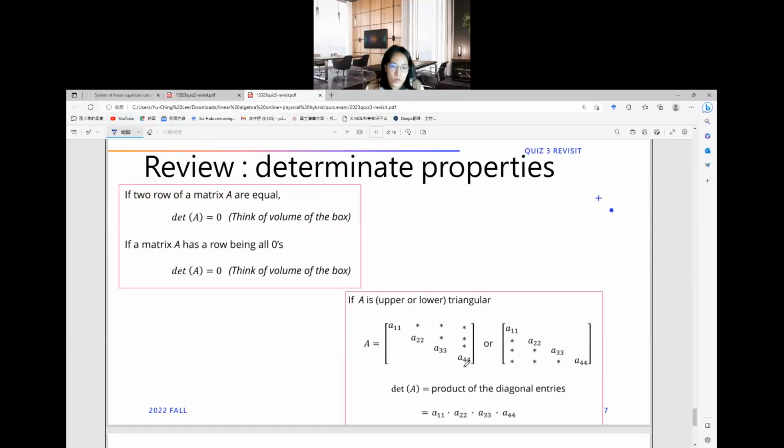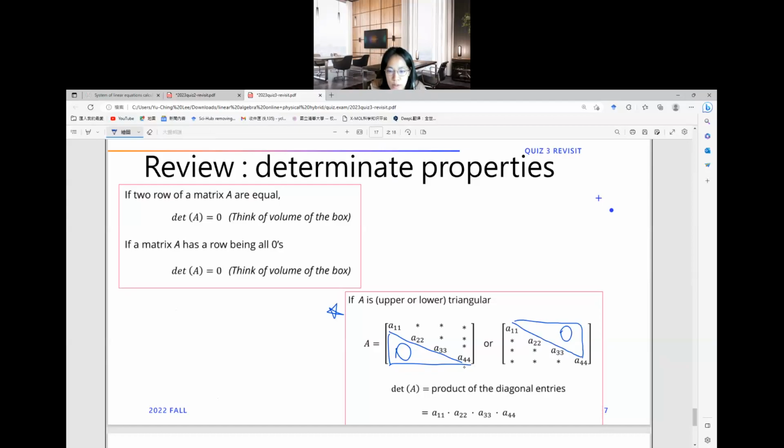The reason that we can use the row reductions to an echelon form and then compute the determinants easily is because of this one: upper or lower triangular matrix. An echelon form belongs to this class of matrix. It's an upper triangular matrix, where all the values below the diagonal are 0. Or if it's a lower triangular matrix, all the values above the diagonal are zeros.